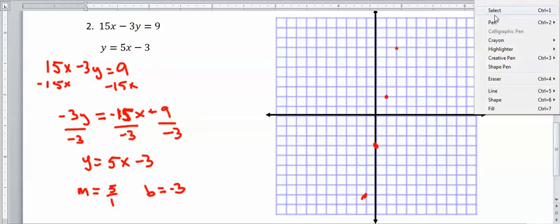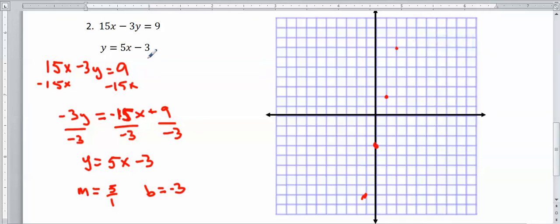Now if I graph the second line, what you're going to notice is that they touch at every point, right? My slope is the same, and my start point is the same. So I'm going to start at negative 3, which is the same point, and then go up 5 over 1, same point, same point. So if I draw in both of these lines, they're going to be completely overlapping.